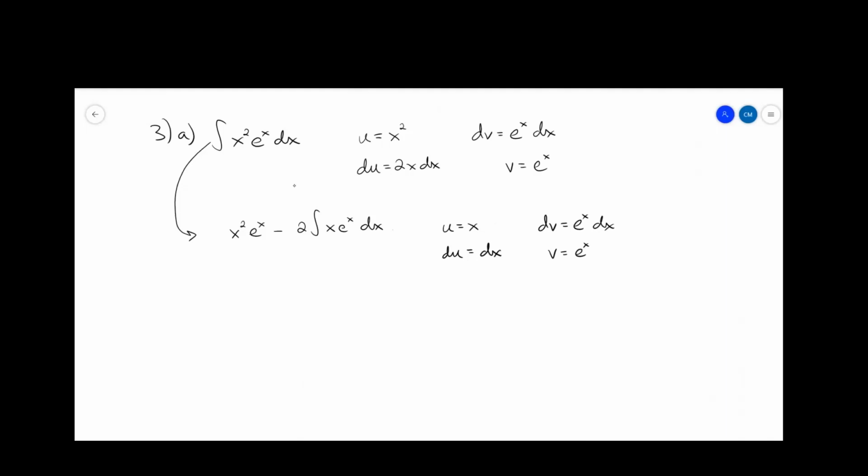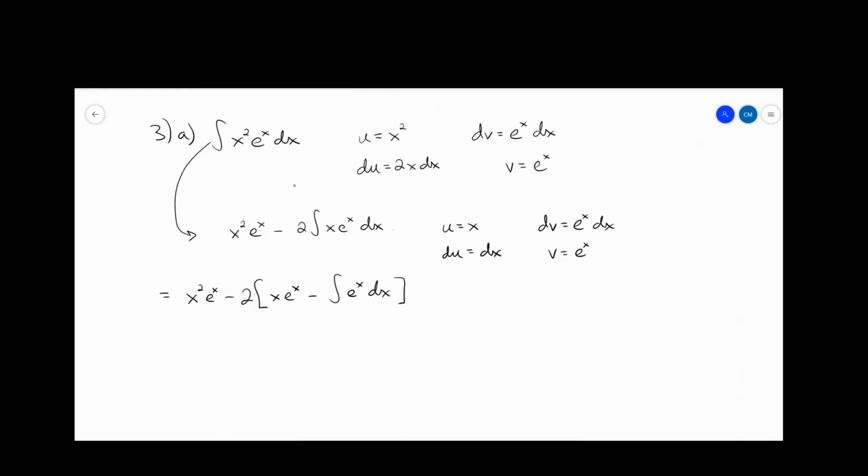And so we'll copy the stuff we already had, x squared e to the x, minus 2, and now we have an integral there, right? x e to the x. We're doing parts on that. So uv, so now we've got x e to the x minus the integral v du. Well, in this case, v is e to the x, and du is just dx. So that's what we're left with now.